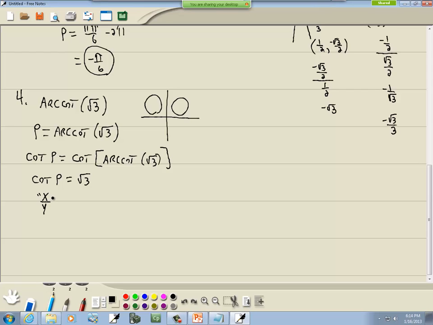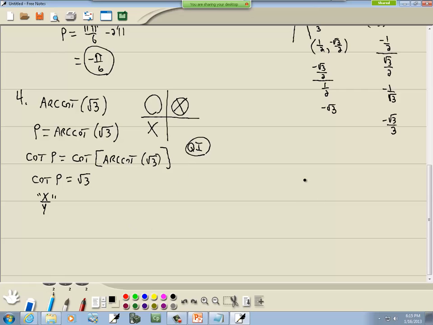Cotangent is x over y, so it's equal to a positive number. Well, the only way you can get a positive number is when the signs are the same. If you have a positive over positive, that gives you positive. If you have a negative over a negative, they give you a positive. Well, where the signs are the same are first quadrant here and the third quadrant, sorry. So the quadrant we're dealing with is the first quadrant.